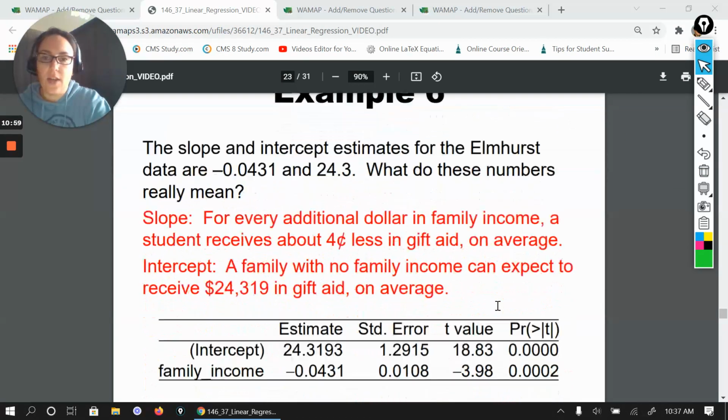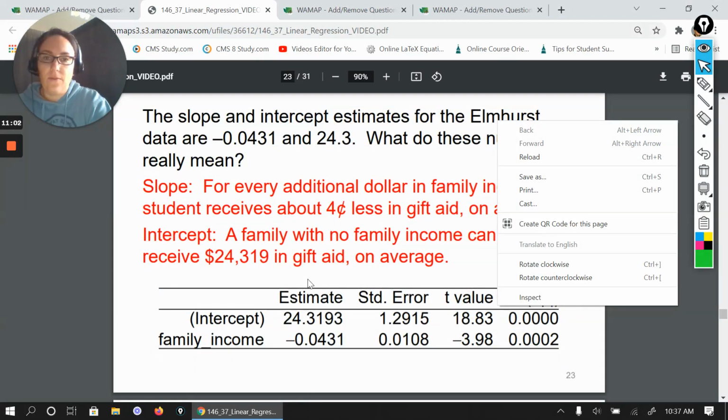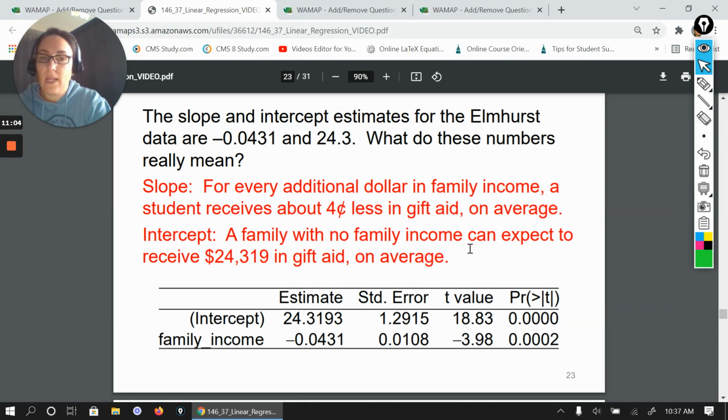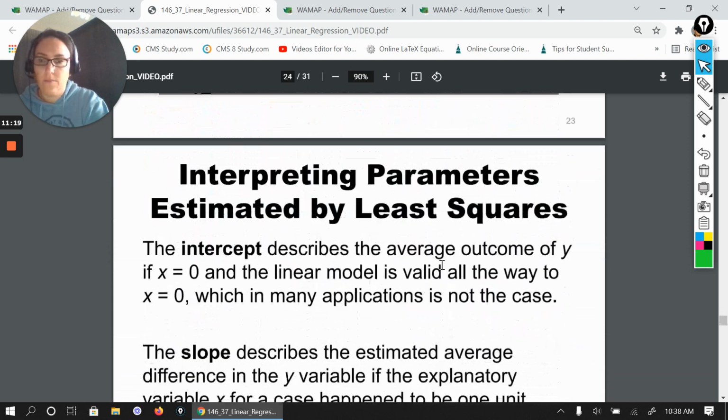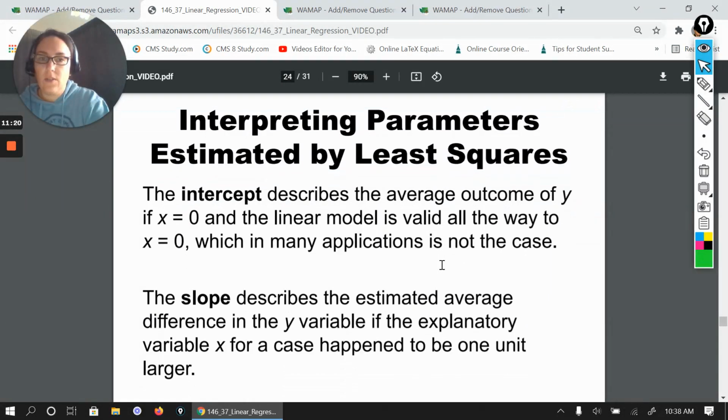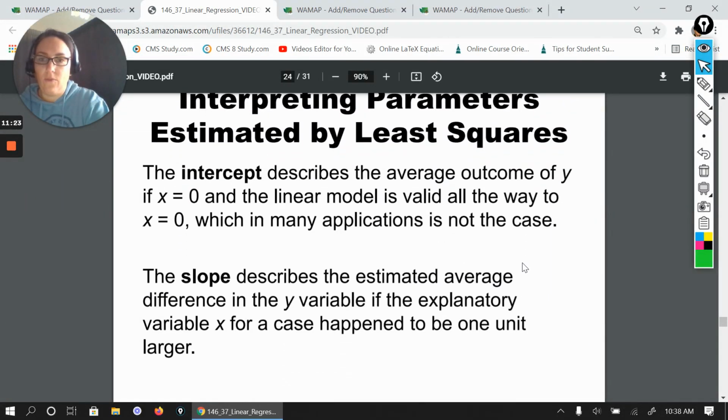The intercept means that a family with no family income, so zero income, can expect to receive $24,319 in gift aid on average. That's what the intercept means. So the intercept describes the average outcome of y if x equals 0.